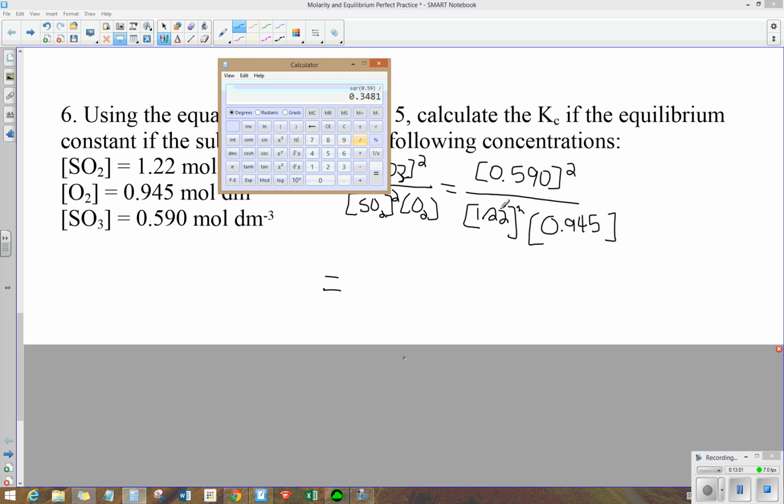And then divide by the first number, which in parentheses 1.22, that number is going to get squared. And then I'm going to divide by the second number, so I'm going to hit division again. 0.945, hit equals. 3 sig figs at each number, so 3 sig figs in my answer, so 0.247 is the final answer.